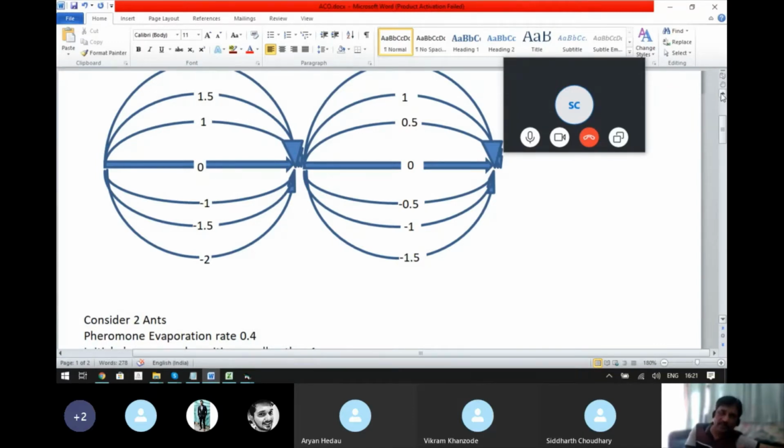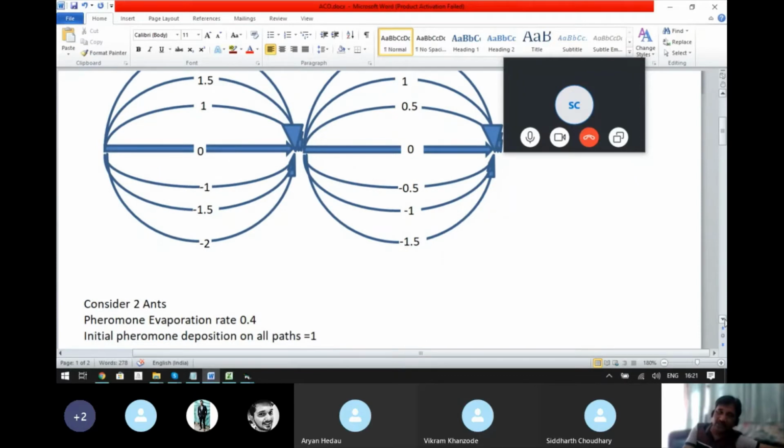But beforehand, we have to set the pheromone evaporation rate. This setting is in your control. You may set it 0.3, 0.2, 0.5 even, but 0.4 is reasonable to set. Okay, pheromone evaporation rate 0.4.